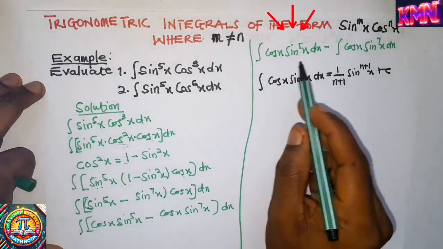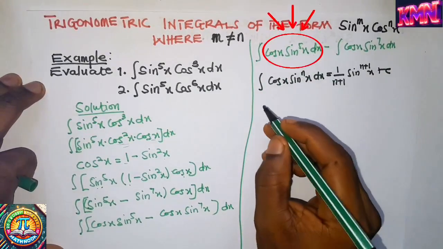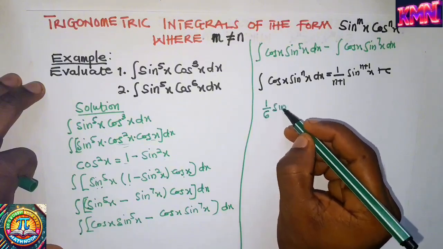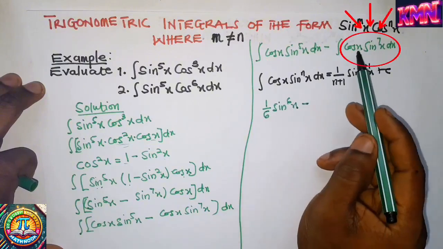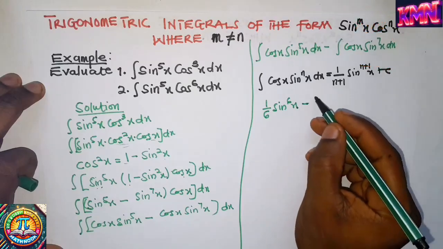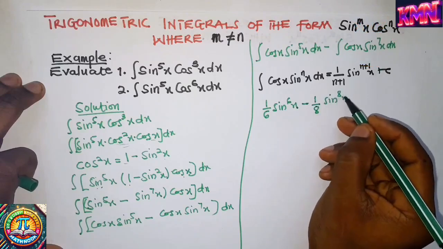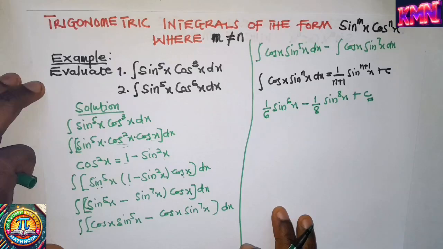So in this situation, integral of cosine x sine power 5x will give us 1 on 6 sine power 6x, then minus integral of cosine x sine power 7x dx also will give us 1 on 8 sine power 8x plus c, and that becomes the solution to the problem.